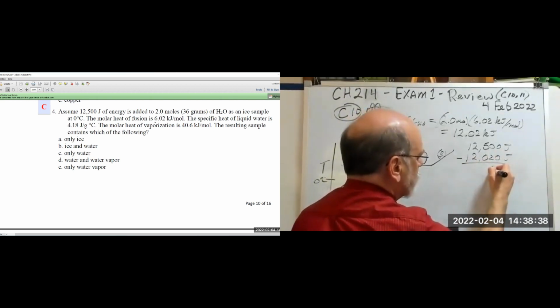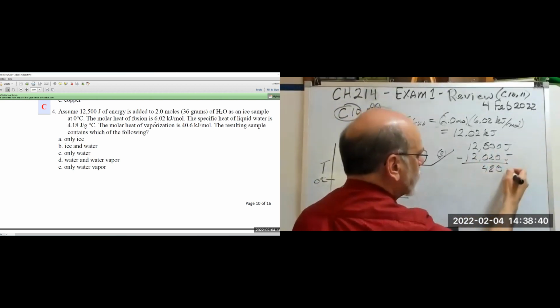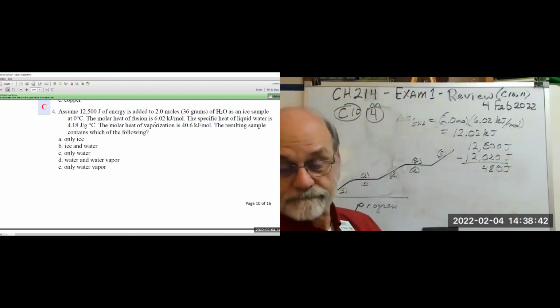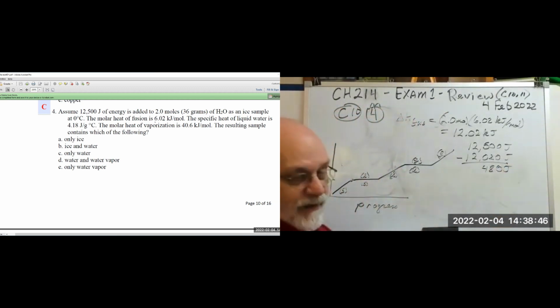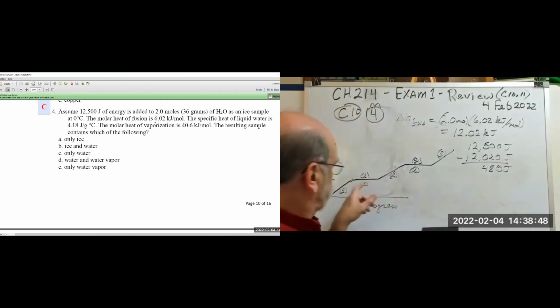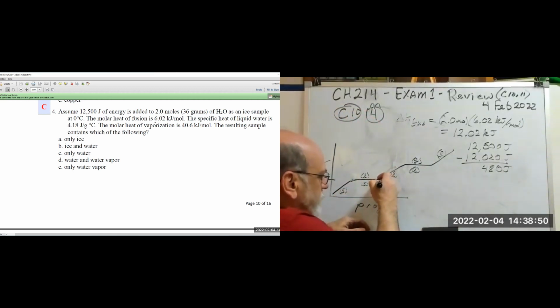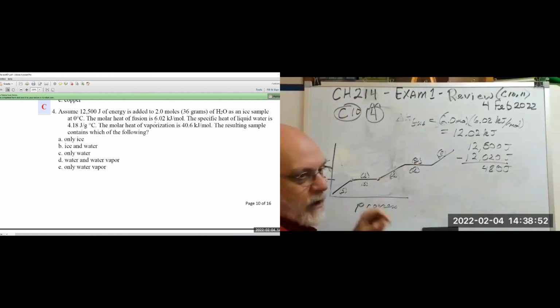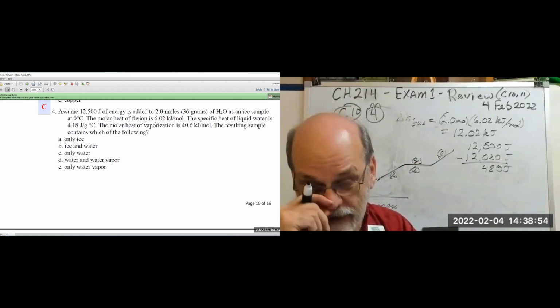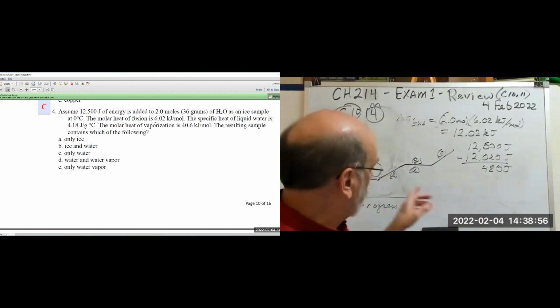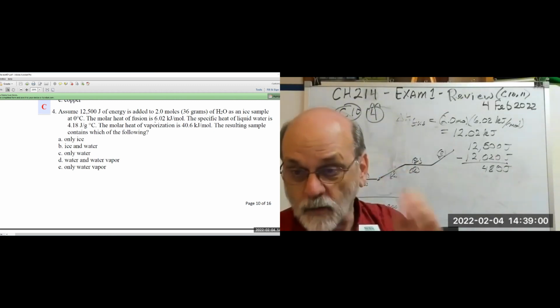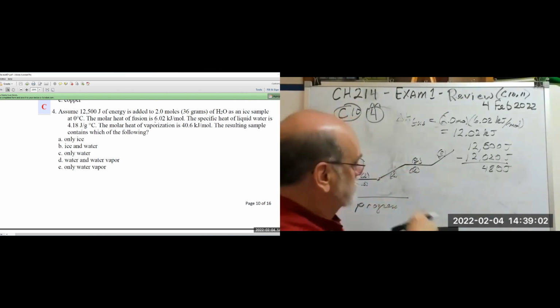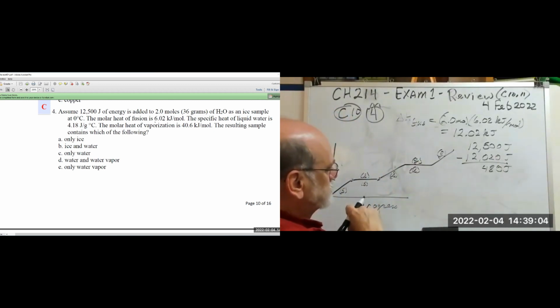So now we got 460 joules left. Okay. All right. So that gets us to this point right here. Now we're going to heat the water up. Do we have enough energy to heat the water from 0 to 100 degrees? Well, what's the relationship here?